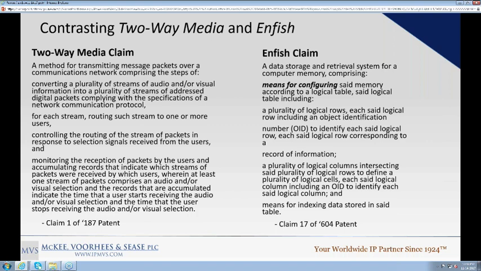And then the other case here where we have NFISH, which was patentable, we've got that means for configuring limitation, set memory according to a logical table, said logical table including plurality of logical rows, each said logical row including an object identification number, to identify each said logical row corresponding to a record of information, and then a plurality of logical columns intersecting said plurality of logical rows to define a plurality of logical cells, each said logical column including an object identification number, to identify each said logical column, and means for indexing data stored in said table.